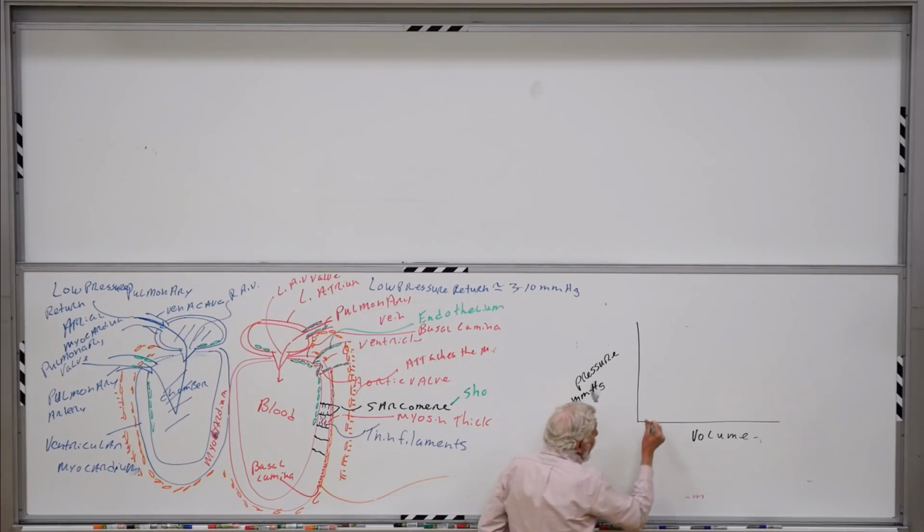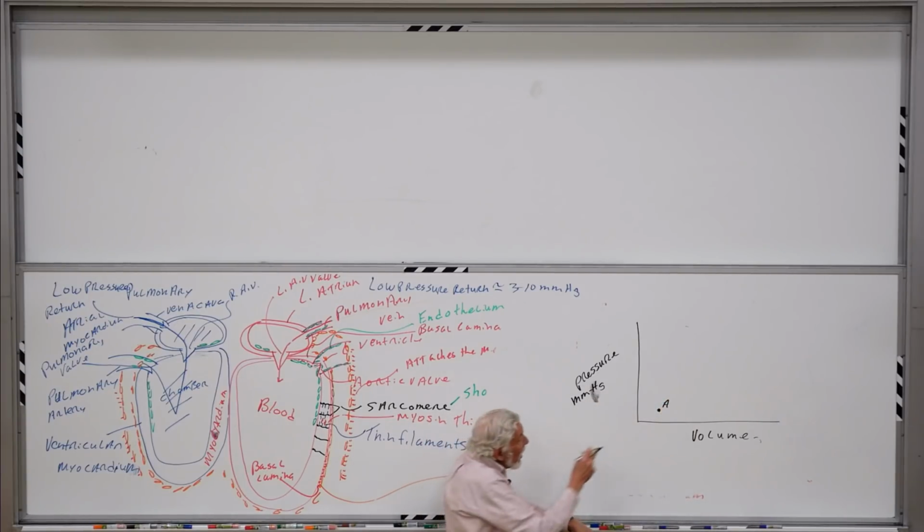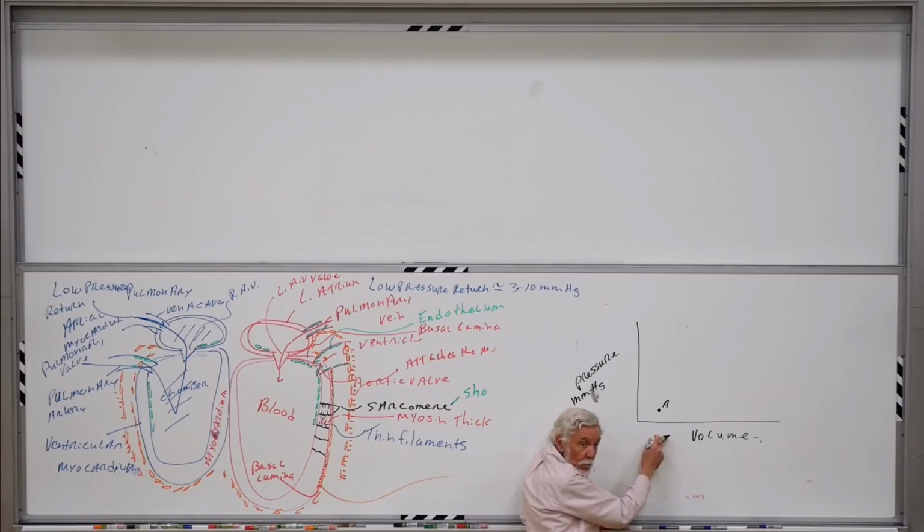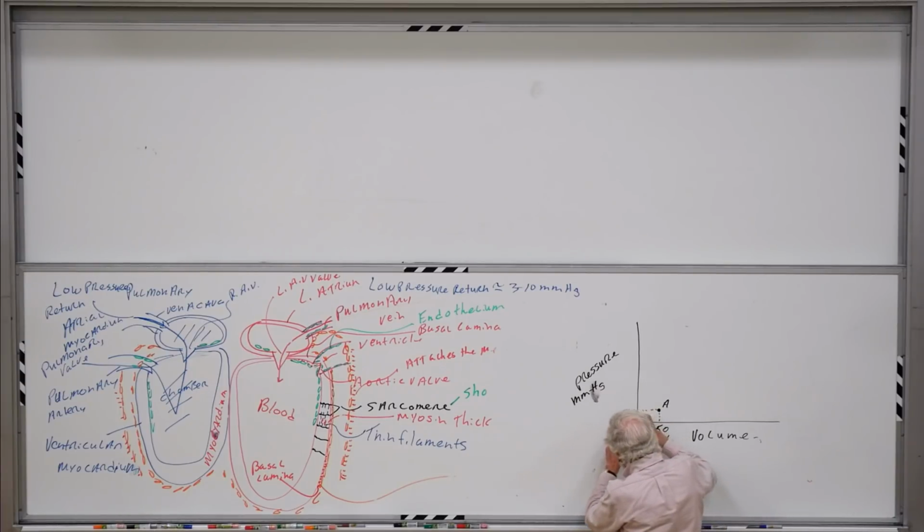We'll start here at point A. We'll label this as A. If we drop down and look at the volume here at point A, it's typically about 50 mils. If we come over to the ordinate, the pressure side, typically the pressure here is 3 to 10 millimeters of mercury. So it's a pretty low pressure.